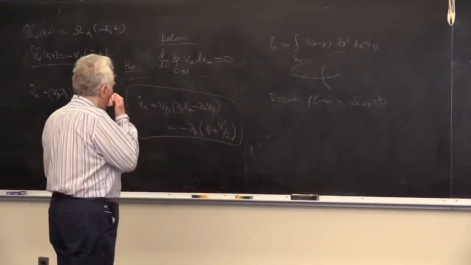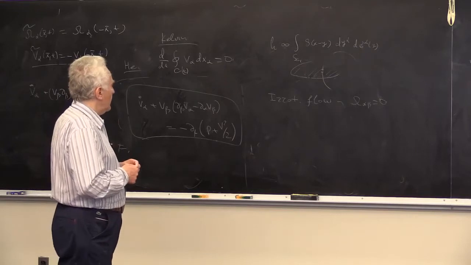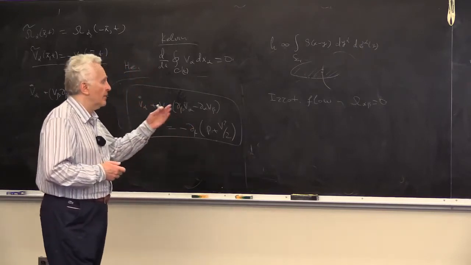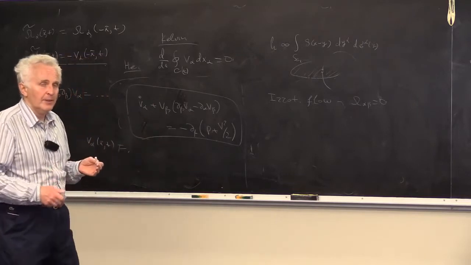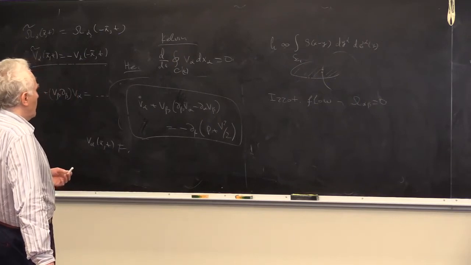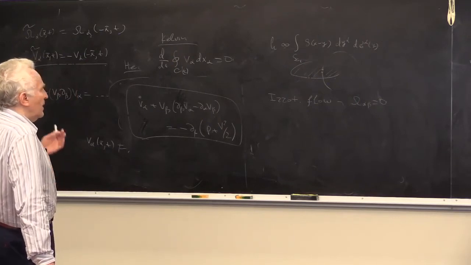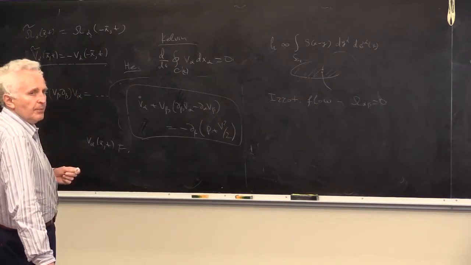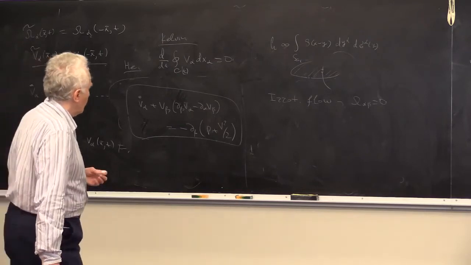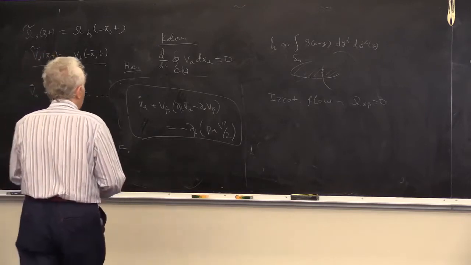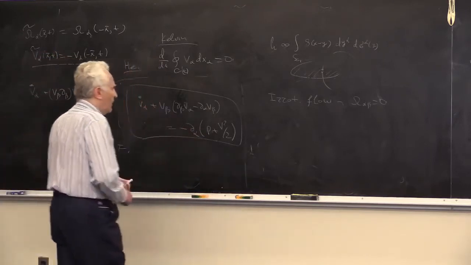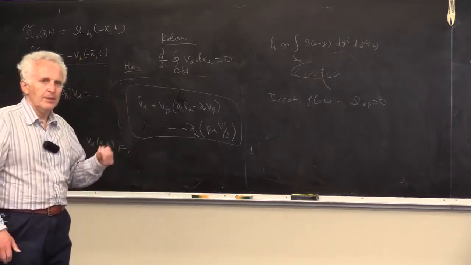Then what can you say about it in this case? What kind of conclusion follows from the equation? For irrotational stationary flow. Just look at the equation. Actually, there's an error here. It's alpha. And give me your conclusions.